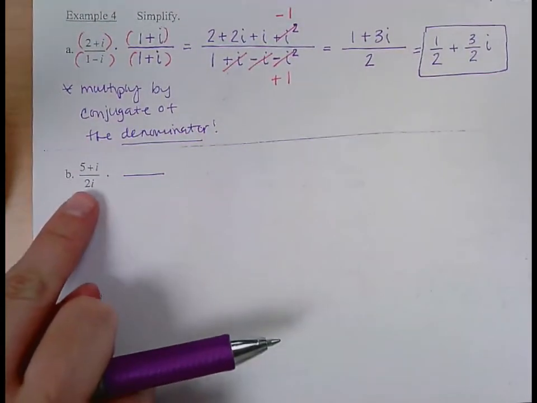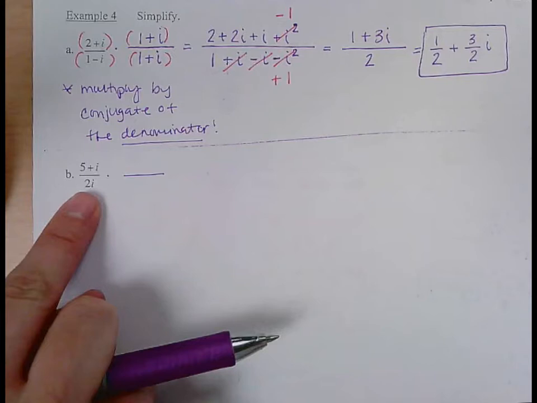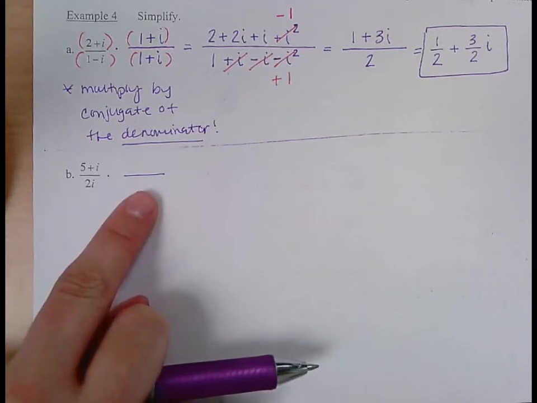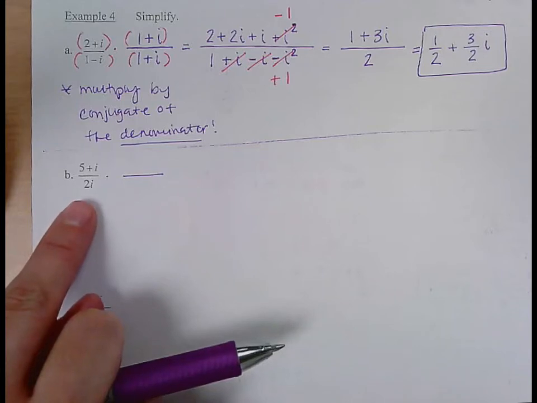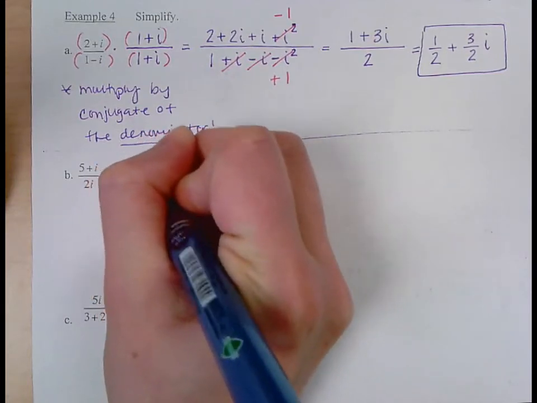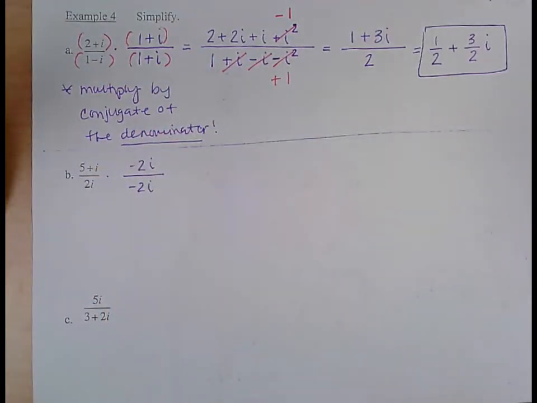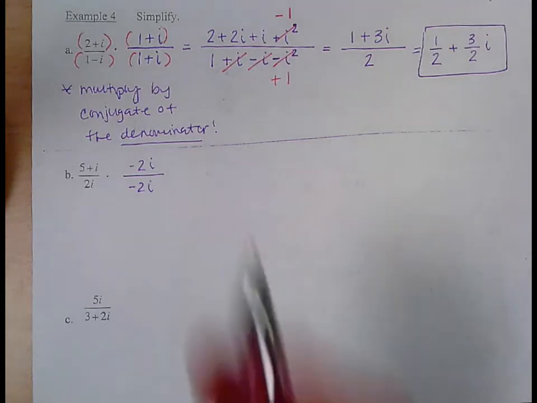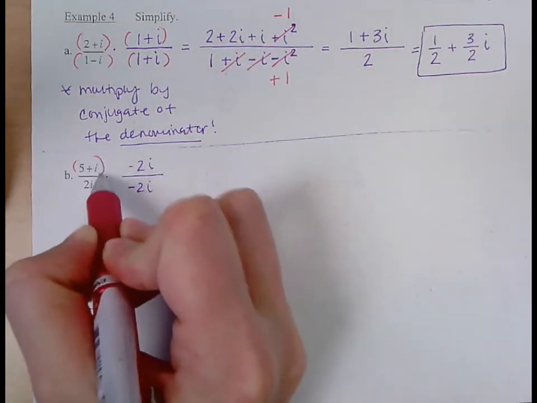So if the denominator is positive 2i, what do you think the conjugate would be? Negative 2i. This is like a 0 plus 2i, so the conjugate would be 0 minus 2i, which would just be negative 2i. And I can multiply by that on the top and bottom. What's different here, though, is you don't have to FOIL.